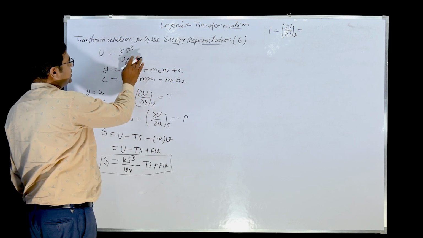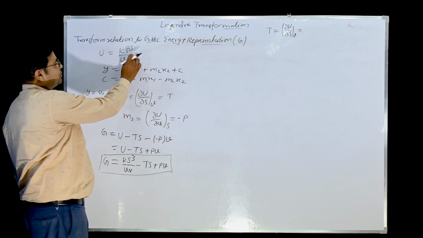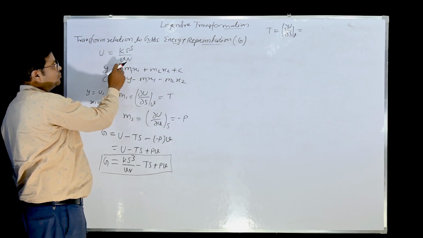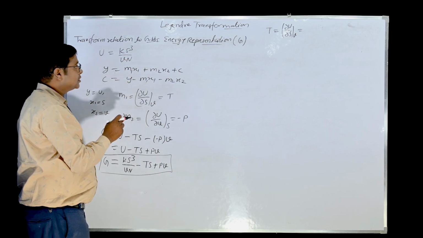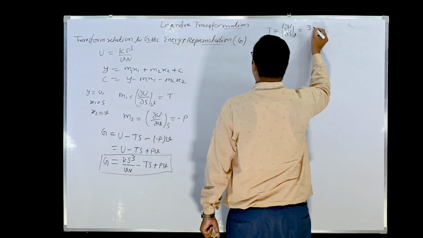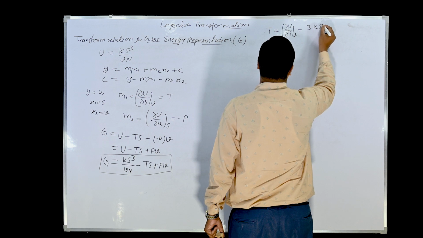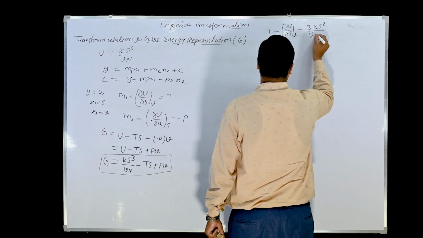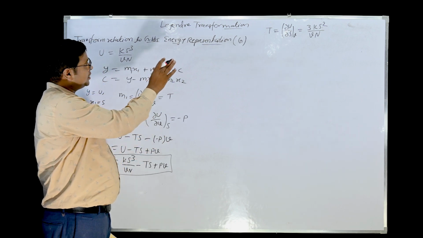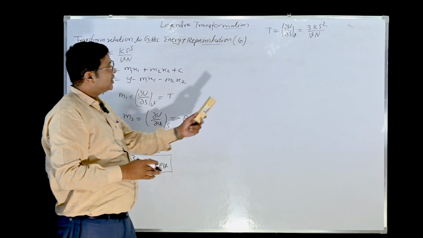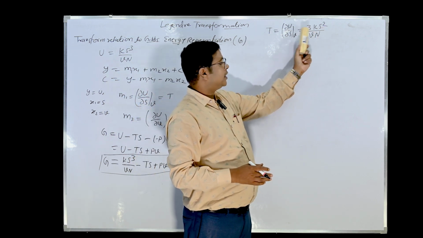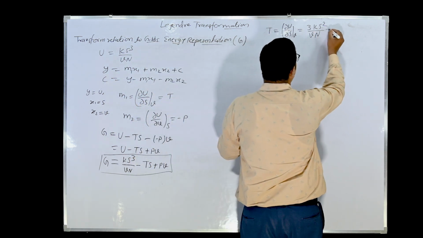So I will differentiate this relation for entropy, keeping volume, K and N constant. So this term will come: T equals 3K S square by Vn. So here you can see that T and S are here, and this equation we will rearrange.